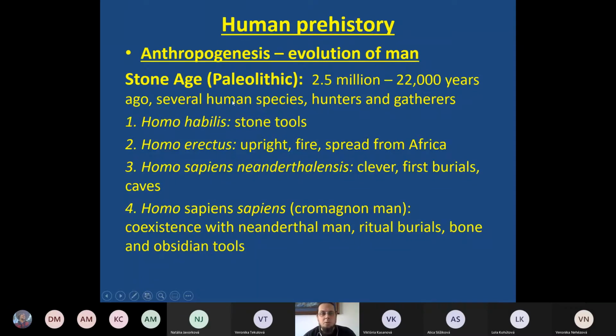During the Stone Age there was this evolution of humans, which we call anthropogenesis, and it lasted approximately from, as you can see, about 2 million years up to maybe the Mesolithic period, when we have the late Stone Age, and actually this middle Stone Age. The thing is that during this very long period there were several human species.